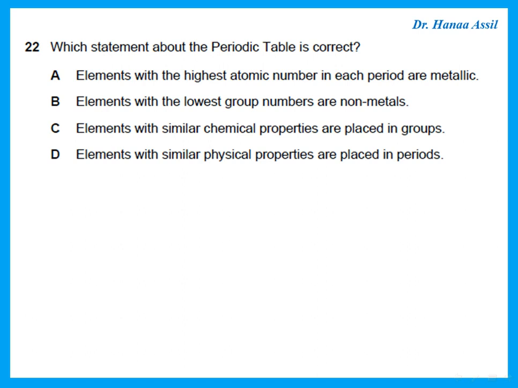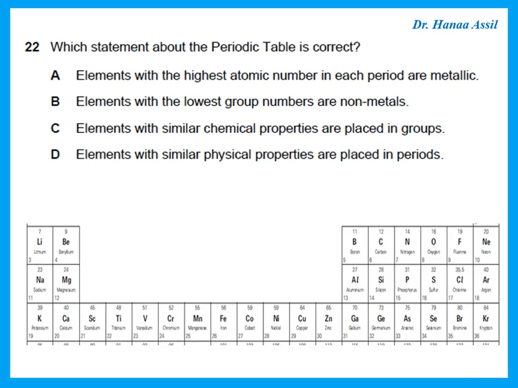Elements with the lowest group numbers are non-metals. Well, let's take a look. So the ones in group 1 are non-metals? No, that's not right. Elements with similar chemical properties are placed in the same group? Yes. All those in the same group will have similar chemical properties.